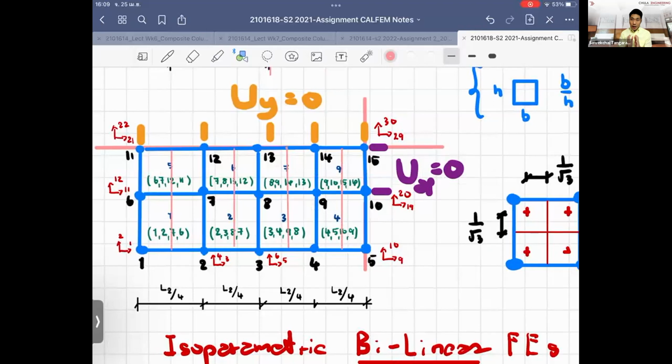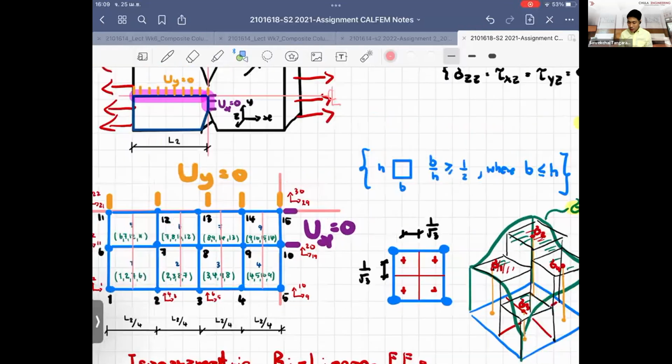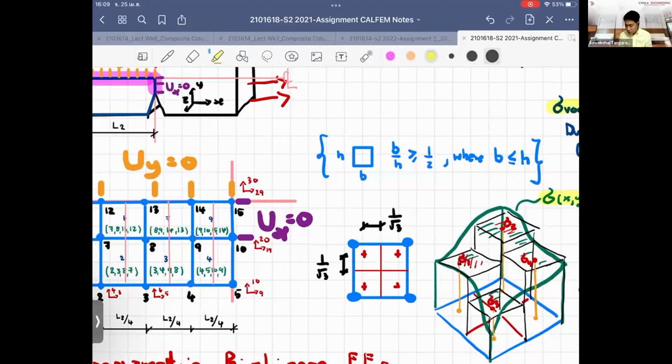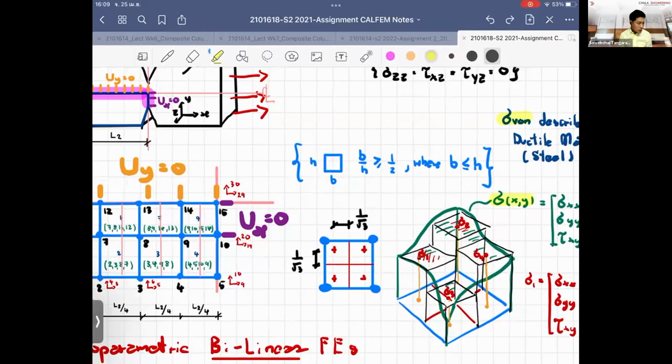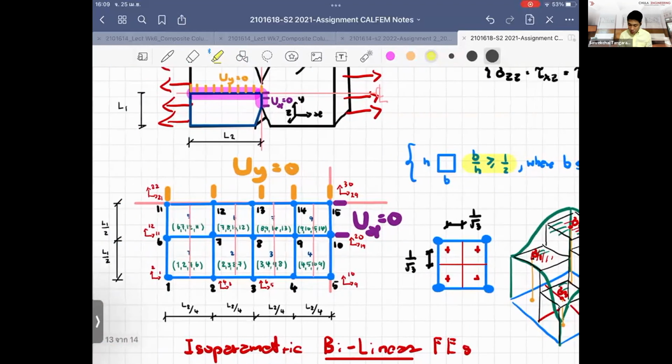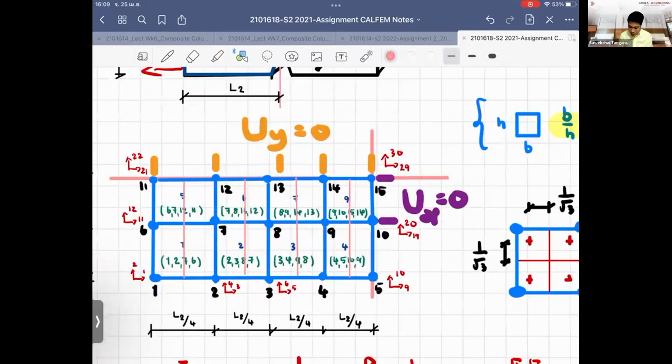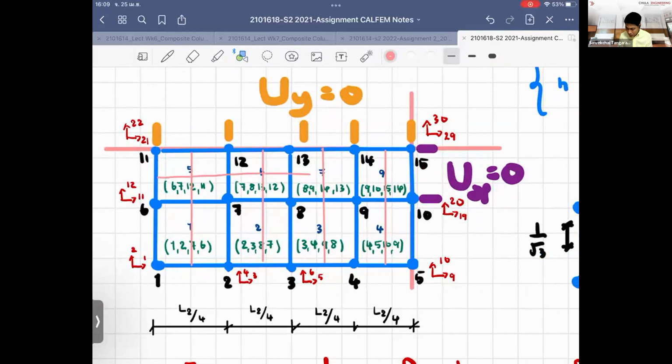But if I subdivide them by half, it starts to violate the ratio. It has been put as a must that you should not have the ratio of the shortest size to the longest size more than half, right? So to make it a nice mesh, we have to discretize them along the line here as well.